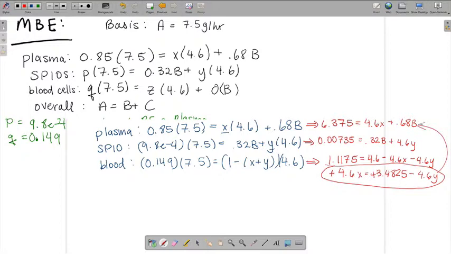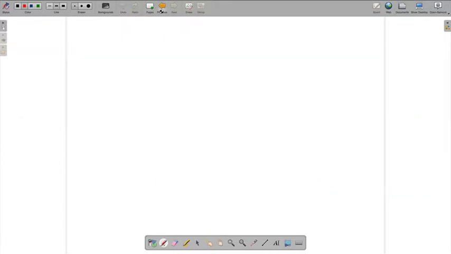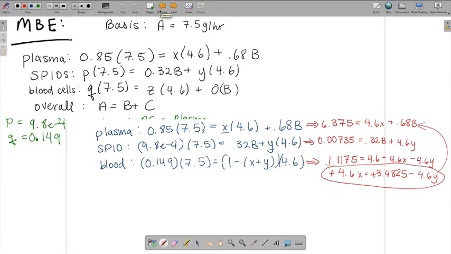So we can substitute this equation right back into the top one, and then say that 6.375 is equal to 3.4825 minus 4.6y plus 0.68b.